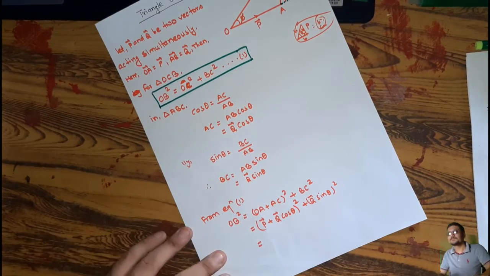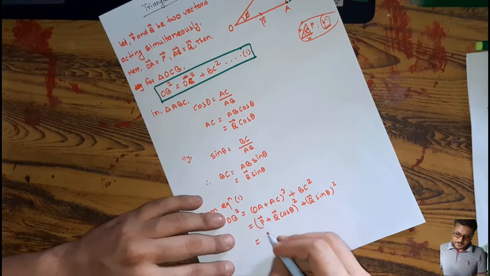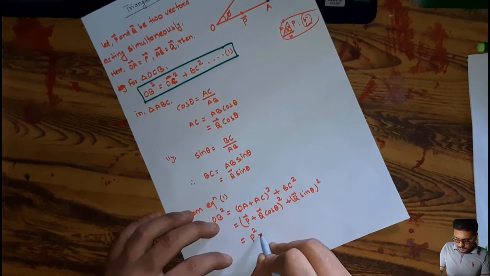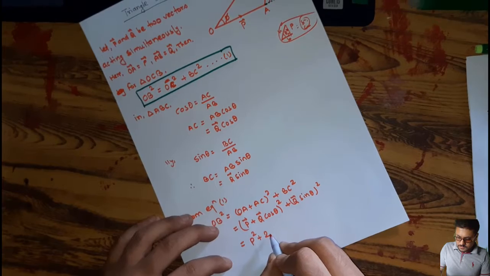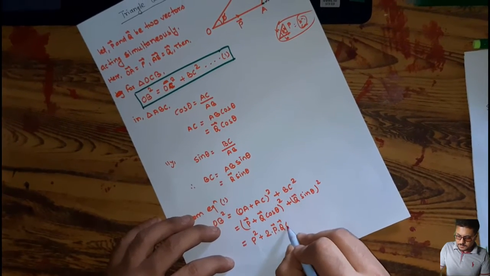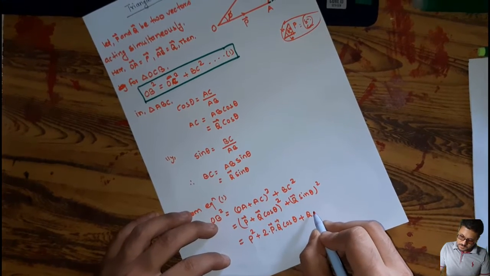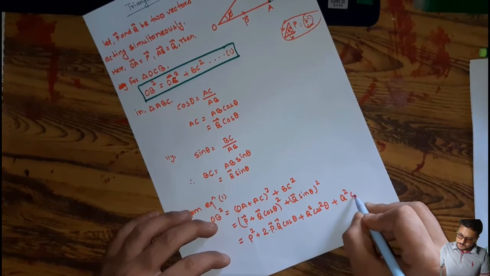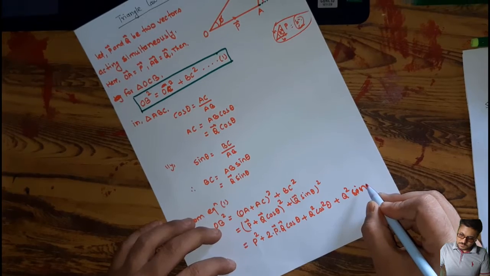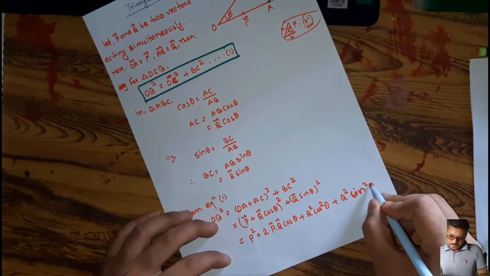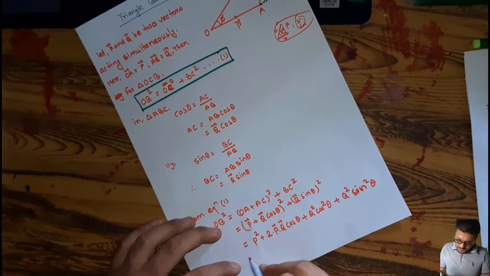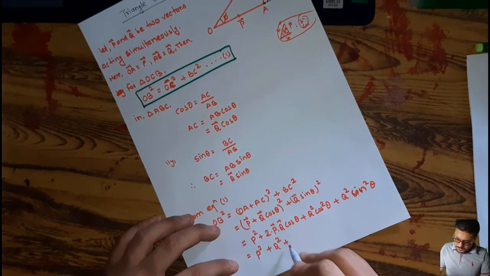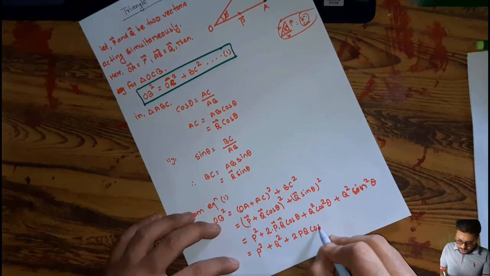By solving this, we get P square plus 2PQ cos theta plus Q square cos square theta plus Q square sine square theta, which is equal to P square plus Q square plus 2PQ cos theta.